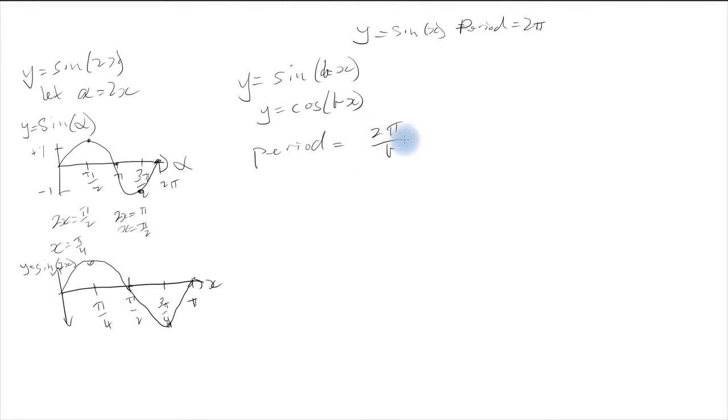In other words, it's being squashed. So if b is a large number, like 2 or 3 or 4, it's being squashed. If b is a fraction, like a half or a third, then it's being stretched.